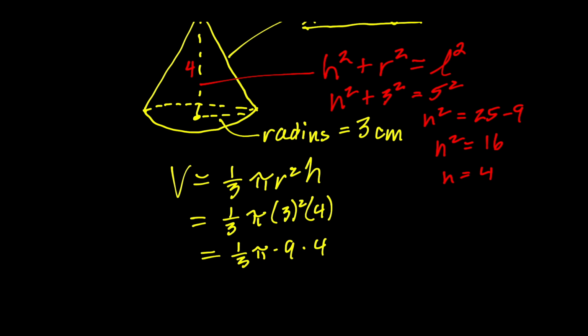Look at this, 3 goes into 9 3 times. That leaves me quite simply with 12 pi cubic centimeters. We don't really know what that means, so we substitute 3.14 in place of pi and say this is approximately 37.68 cubic centimeters. That would be our final answer.